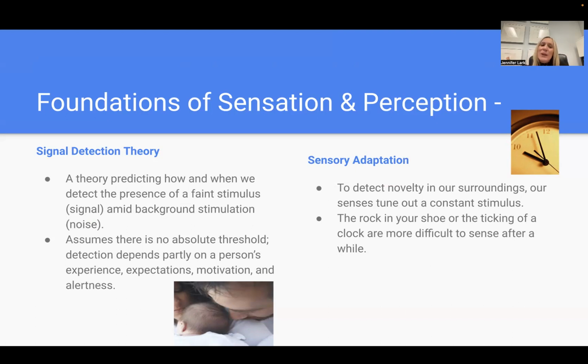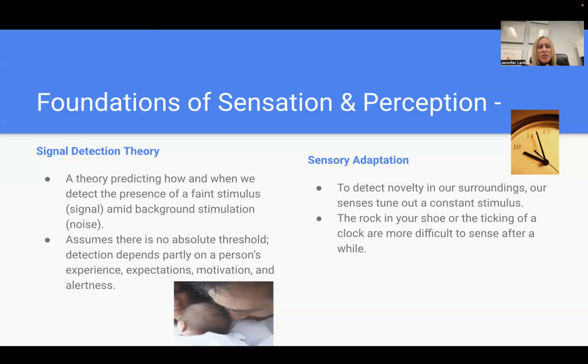And so it's a little bit useful, but signal detection theory takes our ideas about sensation and perception a step further by actually predicting how and when we are going to detect the presence of a stimulus, like how and when our absolute and difference thresholds are going to be met amid everything else that's actually going on in our lives.